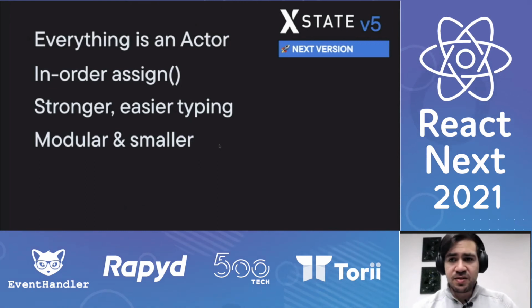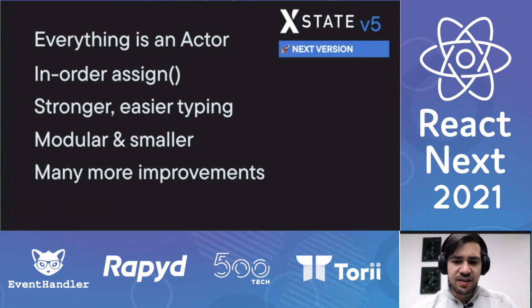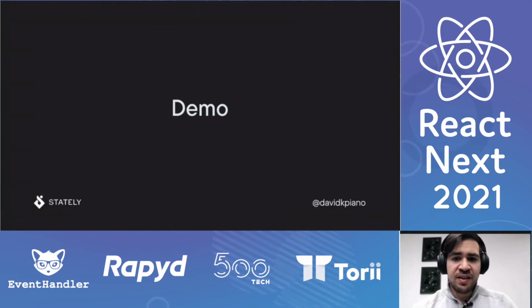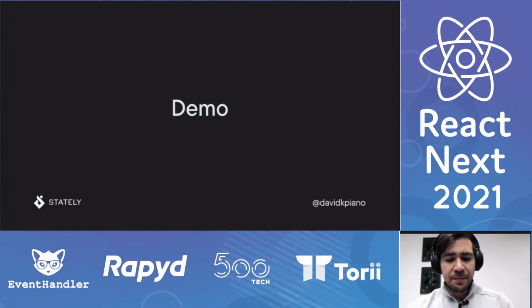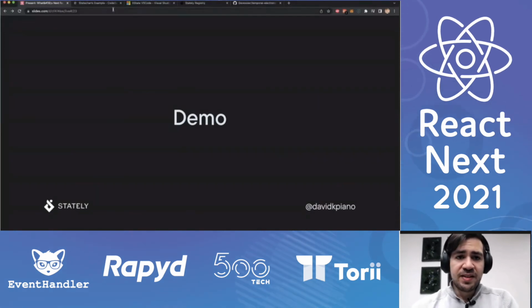So as a result, it's going to be a smaller package size, and there's many more improvements. Feel free to ask me after the talk, and I'd be glad to talk about what we have planned with you.